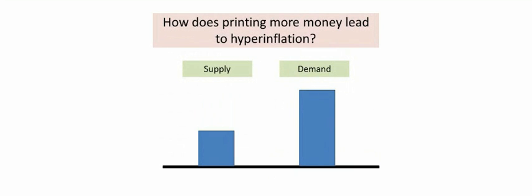Likewise, if I have a very small supply of something, say gold, and a lot of people want gold, then I can raise the price. So if the amount people want goes up and the supply goes down, that leads to the price going up.